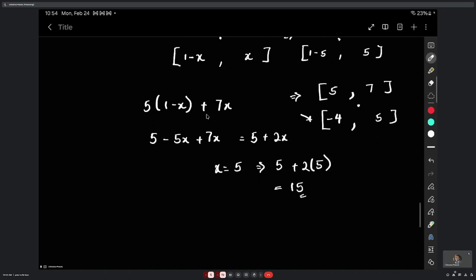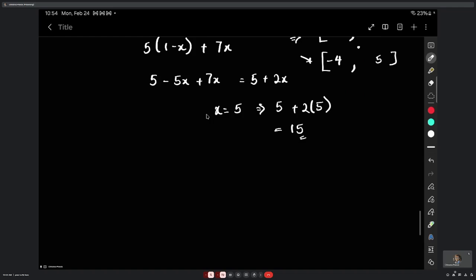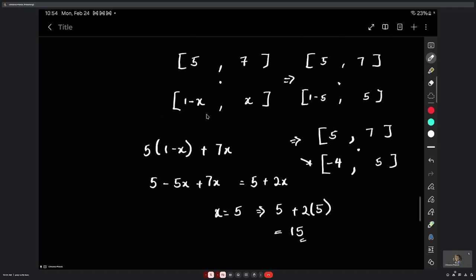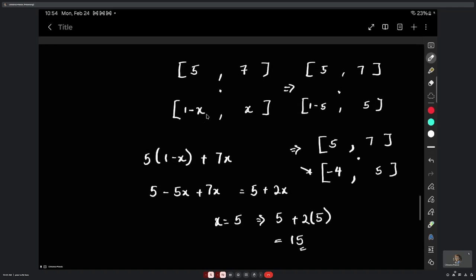So that was for one variable. Let's bump it up. Does this work for any possible number? Yes, because this is x, and x can be anything. That's the beauty of abstract algebra.